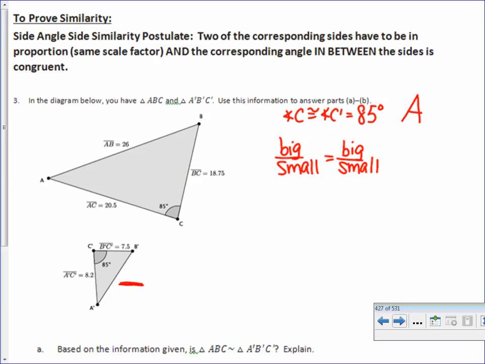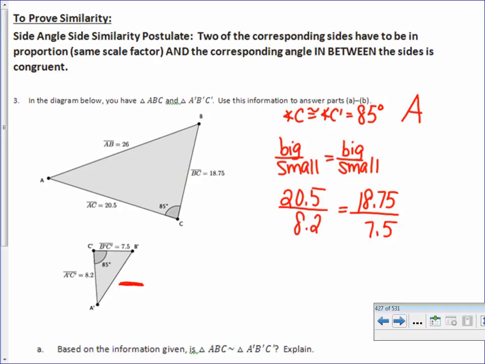Let's take a look at line segment AC. Line segment AC is 20.5. That corresponds to A prime C prime of 8.2. And let's now take a look at line segment BC, which is 18.75. And that corresponds to line segment B prime C prime, which is 7.5.